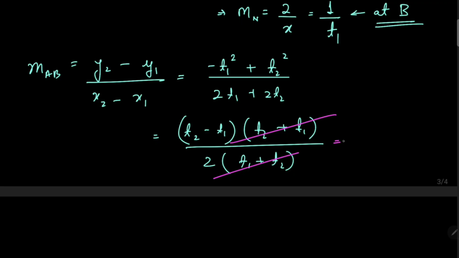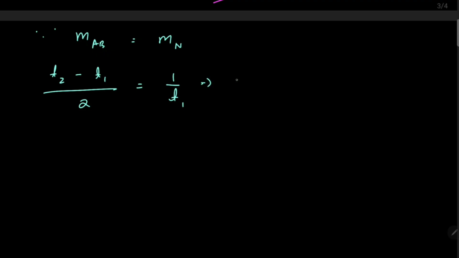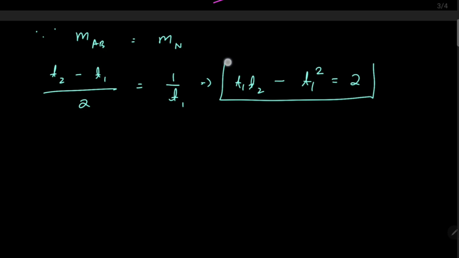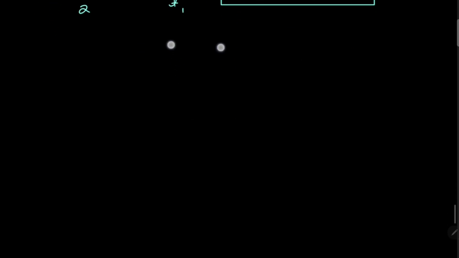This will get cancelled out and we are left with t2 minus t1 upon 2. This is actually the slope of the normal, and since the slope of normal will be equal to the slope of the AB line, it means that t2 minus t1 upon 2 is equal to 1 upon t1. Upon simplifying this equation, we will get t2 minus t1 square is equal to 2. Let's name it equation 1.